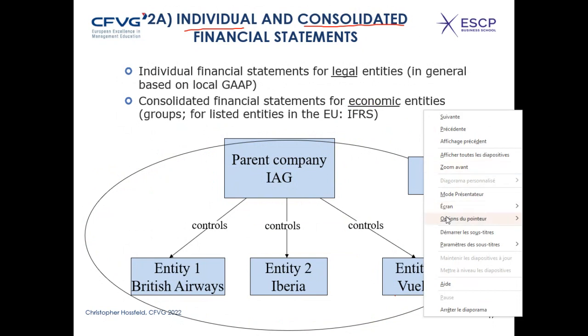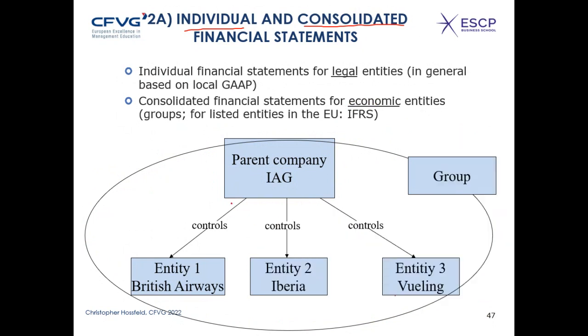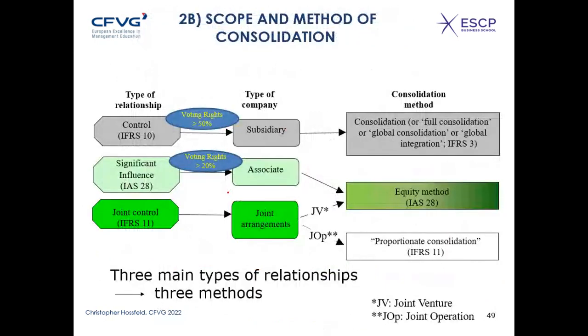And now you need to check, well, okay, I have an investment in another entity here, but what type of relationship is created by this investment? And there are potentially 4 types of relationship. So 3 types that are listed here, and a 4th type, which is not on the list.